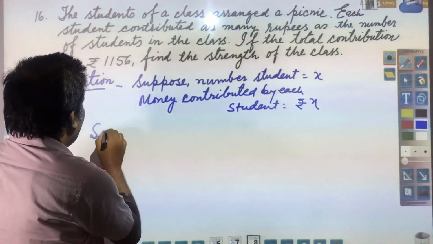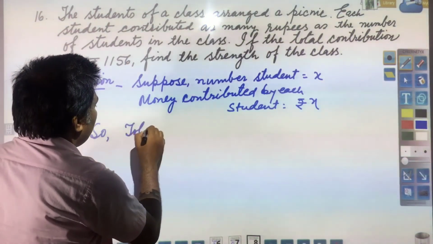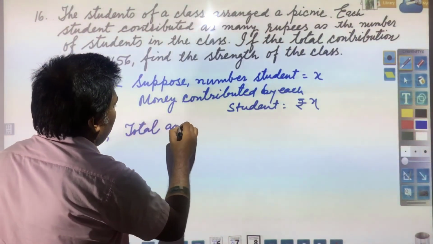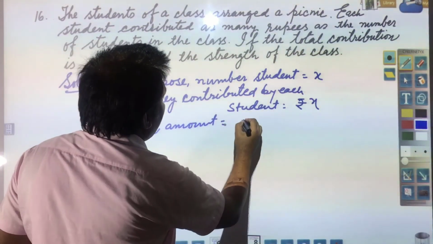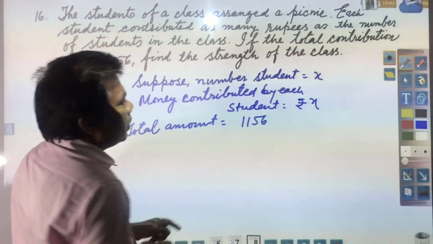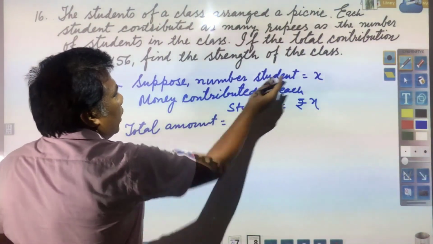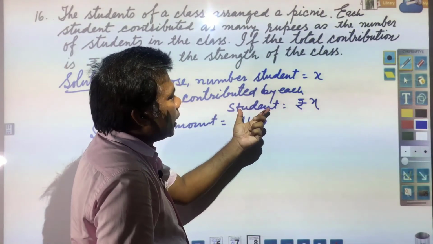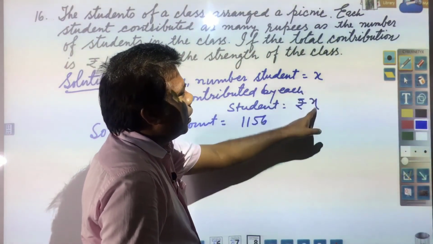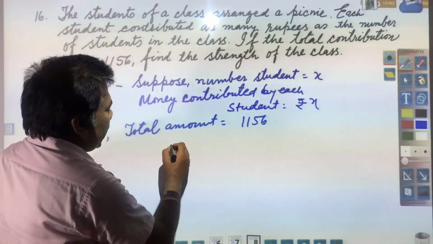So, the total amount has been given, how much they have collected, 1156. But the total amount, if you multiply the number of students and the contribution by one student, the same amount you should get.